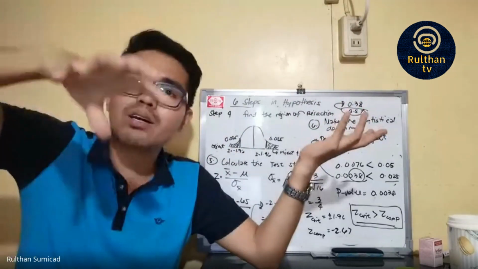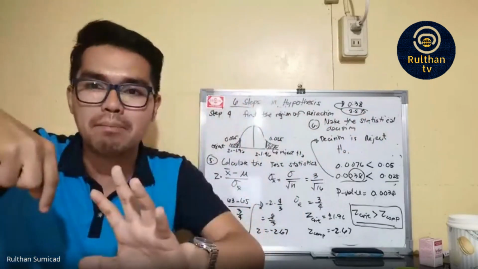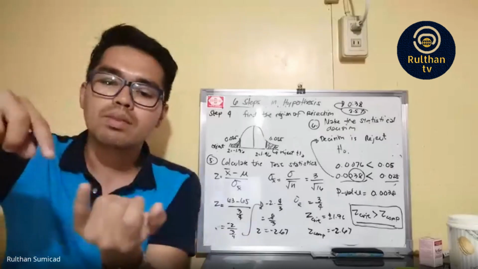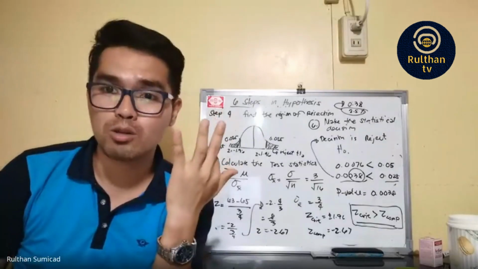Now, if you get the distribution of the means of all the 100s you can come up with, the first 100, the second 100, the third 100, these are your sample groups.